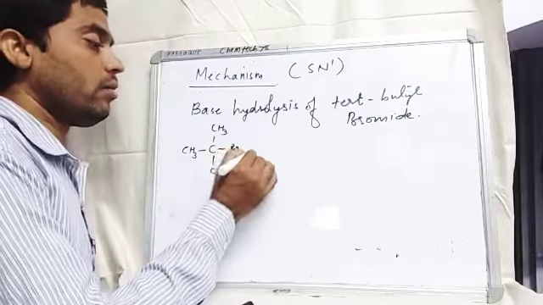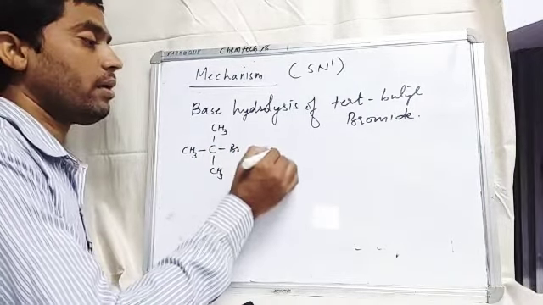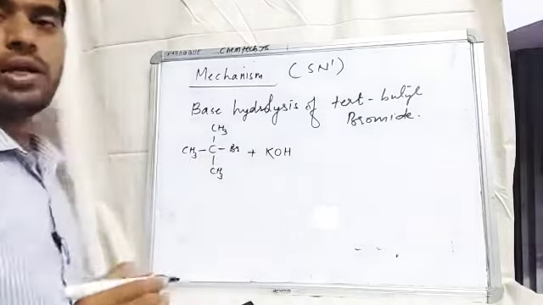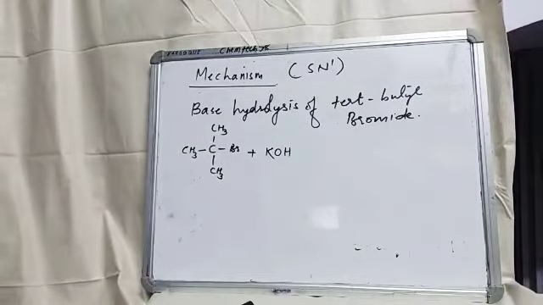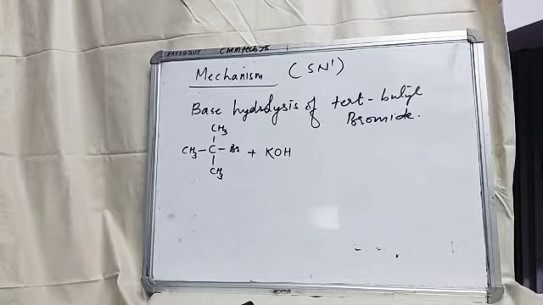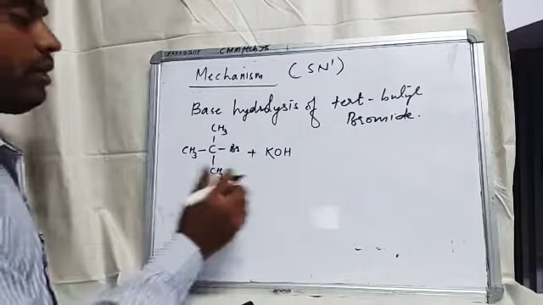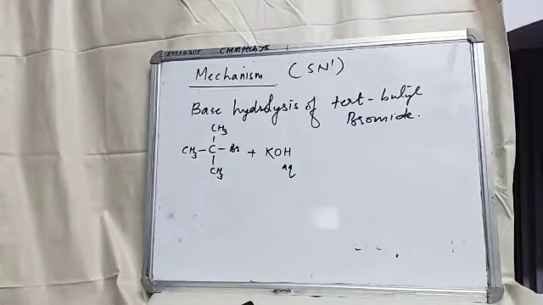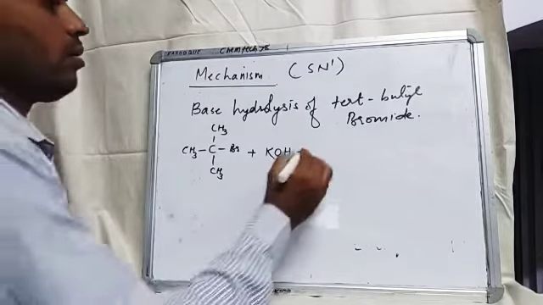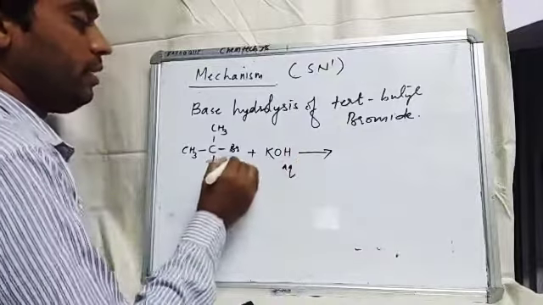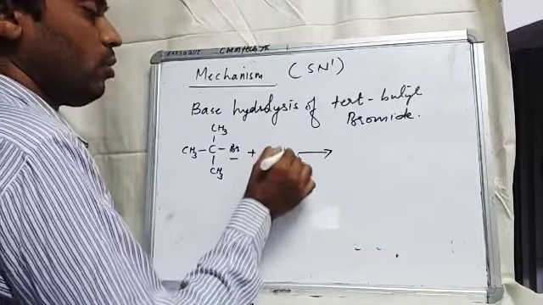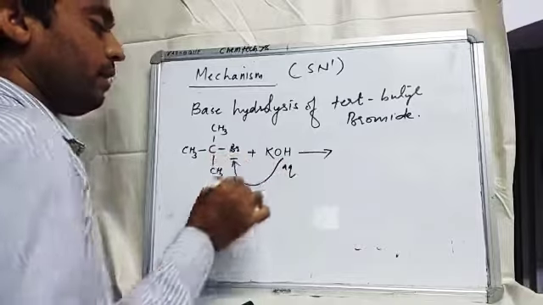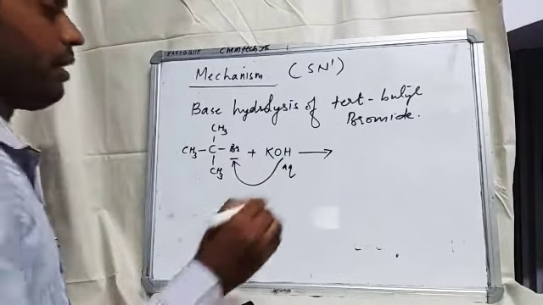Now we have KOH, potassium hydroxide solution. Potassium hydroxide solution will give the hydroxyl ion, and this hydroxyl ion replaces the halogen, meaning this hydroxyl ion will replace Br negative.